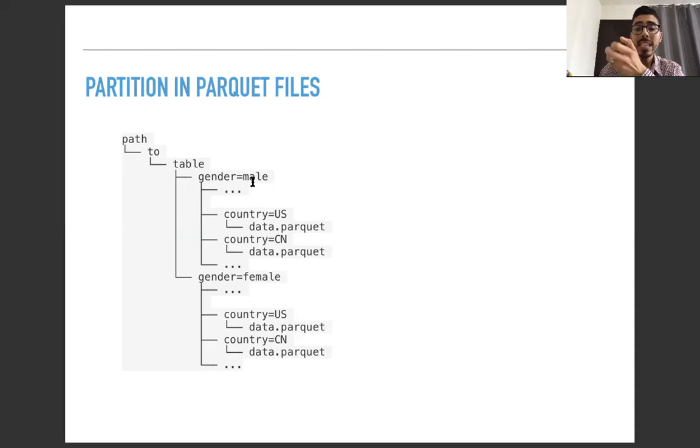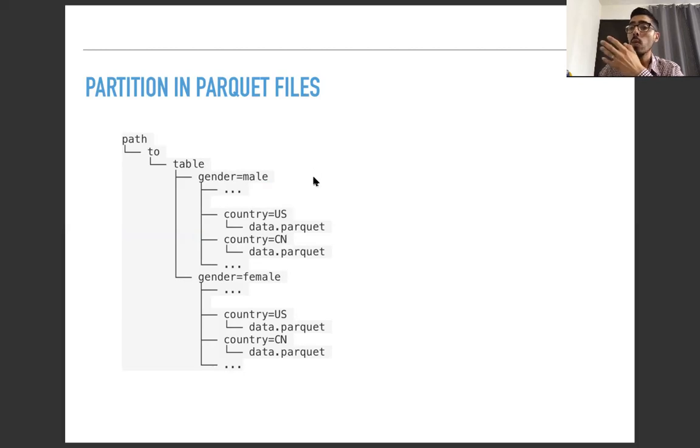So you can see already how this would speed up our queries, because if I'm doing a where statement where gender equals male, I would only have to look inside this folder, and I already have all my data partitioned inside this folder. So instead of going row by row checking if this meets my where statement, the computer just goes inside this subfolder and knows that everything is going to match, right? And then you can go even further. You can do another partition by country.